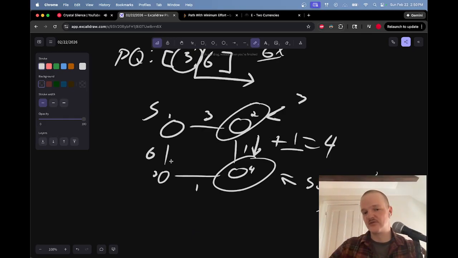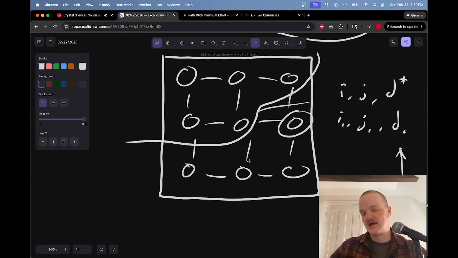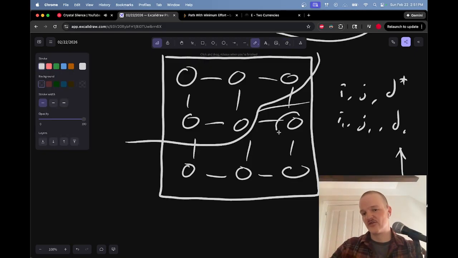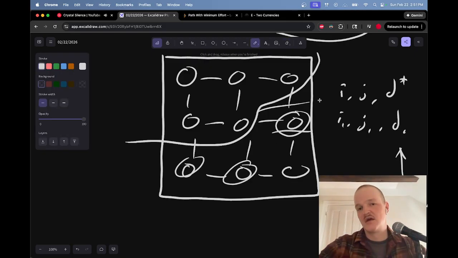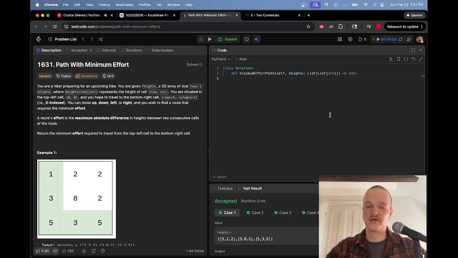When we were choosing between here and here, adding more weights is only going to increase it. Here it's the same thing. If this is optimal, taking the maximum to get there through some other means is only going to increase that value. So if this is already the minimum of these three options, you would just greedily want to do this. Yeah, so this is Dijkstra's, but with a different function, which I actually think is a really good problem. This is a great way to expand it. So I'll just code it out here for the next little bit.